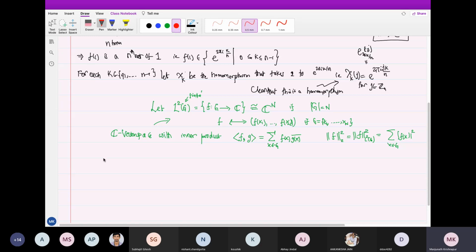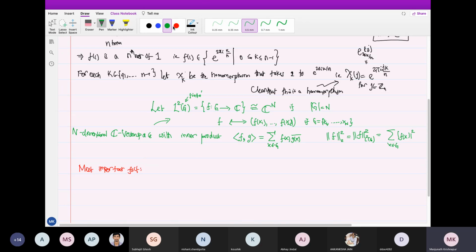With this notation, now we come to the most important fact. By the way, this is of course an n-dimensional complex vector space with this inner product.